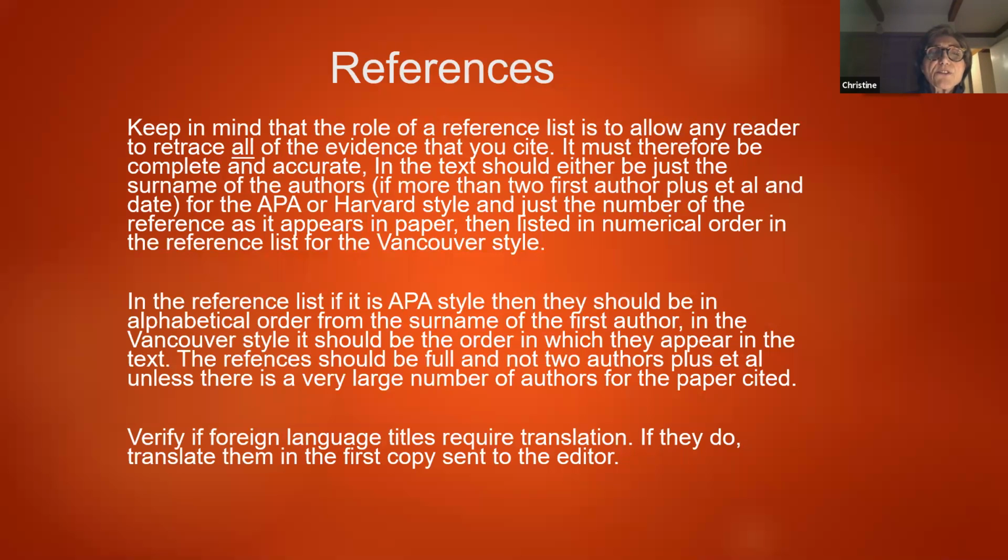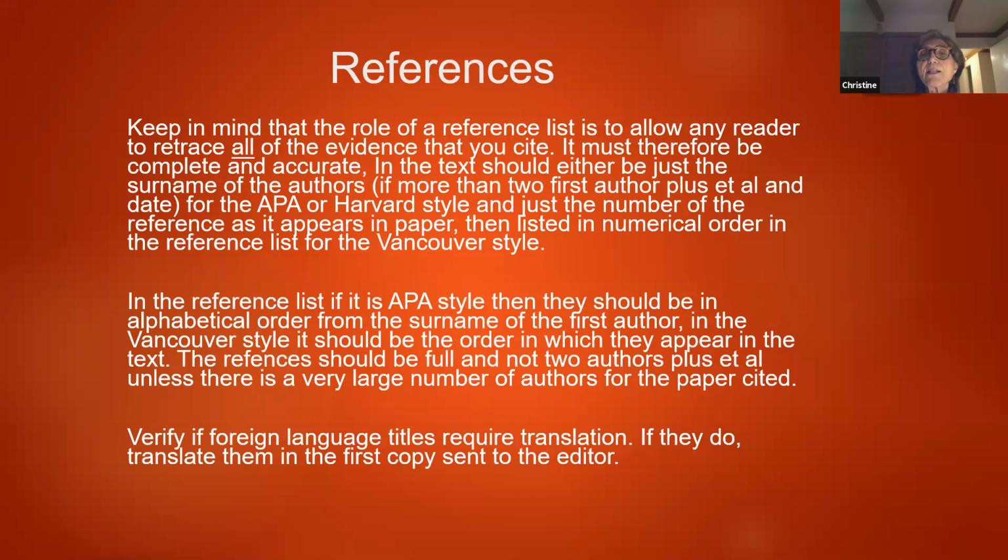So the references: don't forget that they allow the reader to retrace all the evidence that you cite. What I always tell authors to do is take each reference and locate it in the paper, and then do the opposite. Go through all your citations in the paper and make sure you have a reference for those.